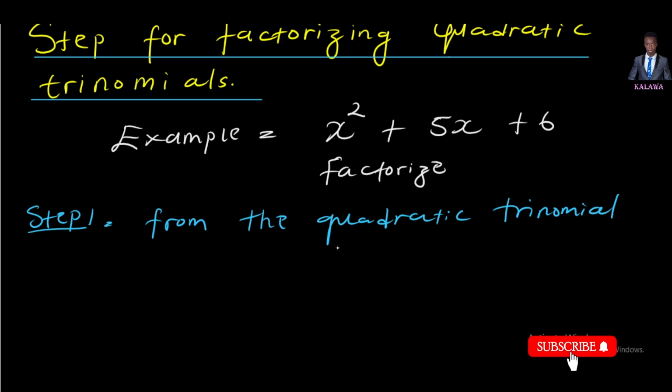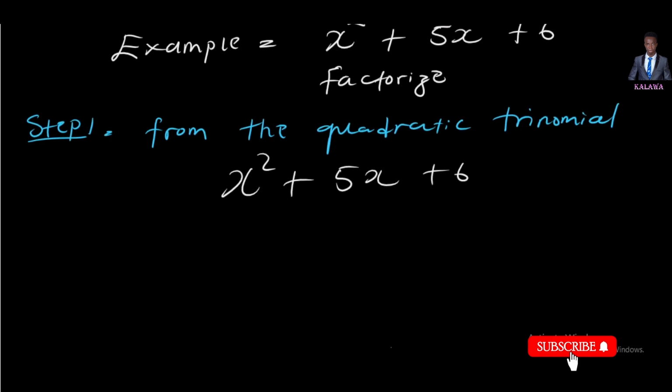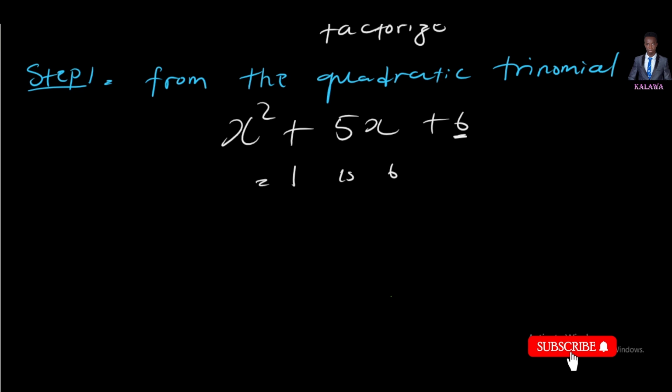So remember, one of the first methods we should apply is this: from the expression x squared plus 5x plus 6, we are going to take first the coefficient of x squared, which is 1, and the constant, which is 6.